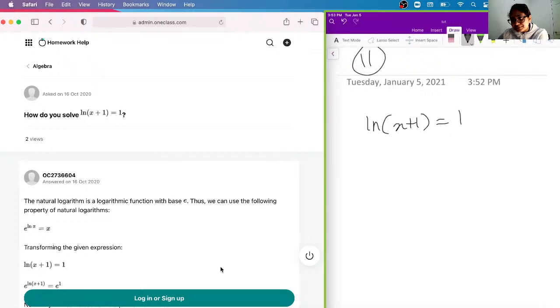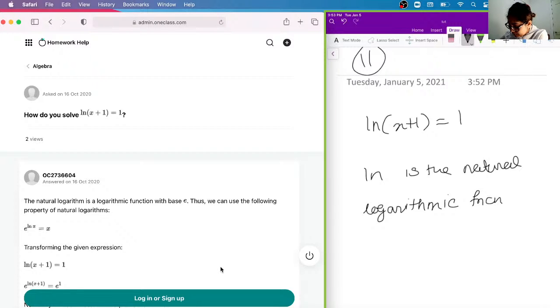So ln is the natural logarithmic function with base e.